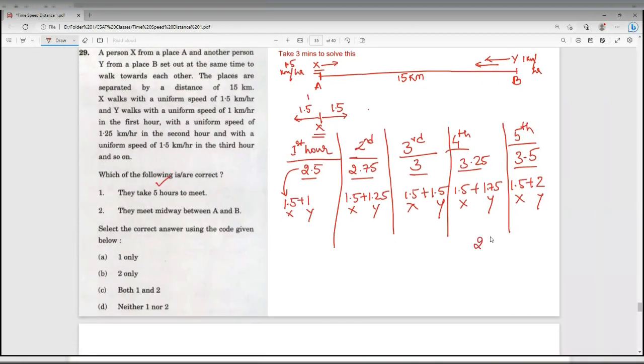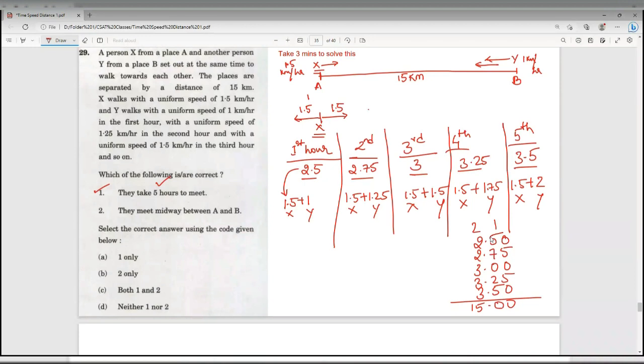The first hour is 2.5, second hour is 2.75, third hour is 3, fourth hour is 3.25, fifth hour is 3.5. 5 plus 5, 10, 7 plus 2 plus 1 is 10, 2 carries. This is 2, 3, 6 plus 3, 9 plus 3, 12 plus 3, 15. So in exactly 5 hours, they will be covering 15 kilometers. So this answer is correct.